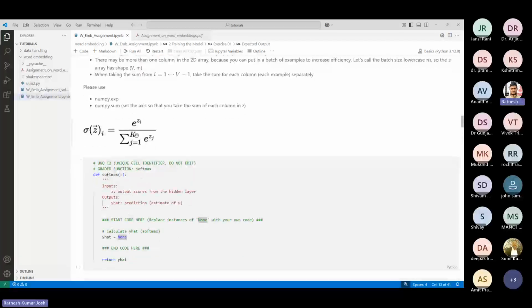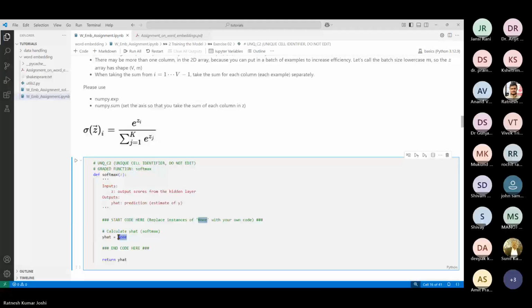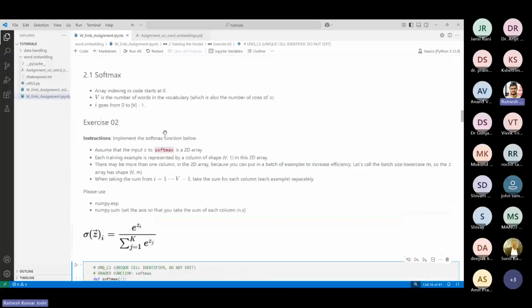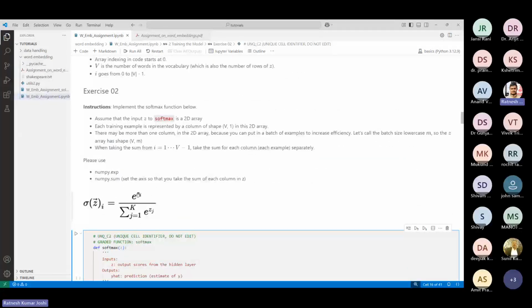All you have to do is convert this formula into a Python representation, something like np.exp, and then you use your own way. All of this information is already provided to you, and you just have to convert it into Python code.